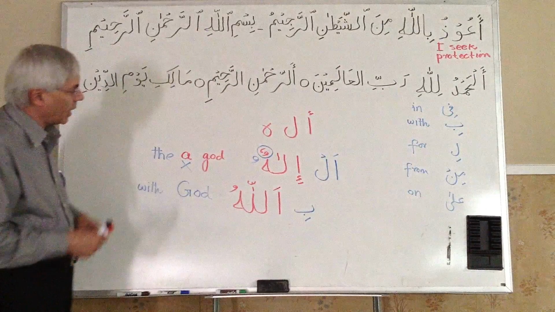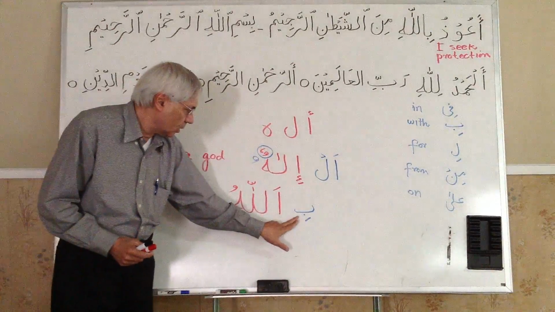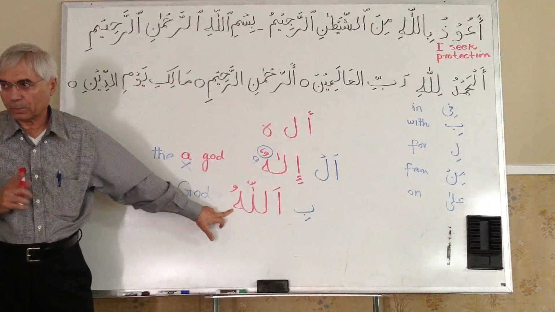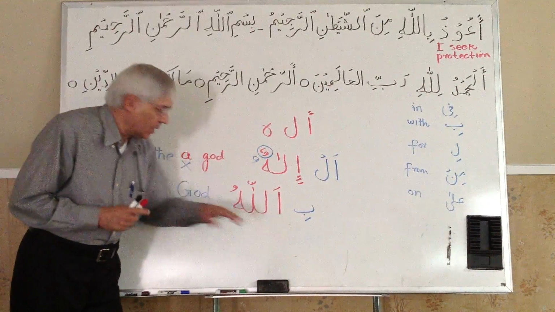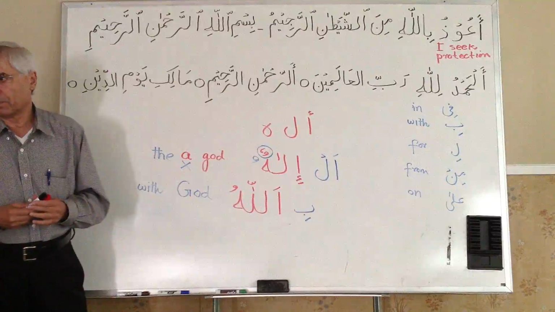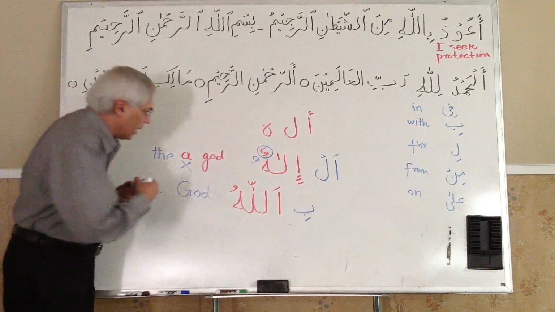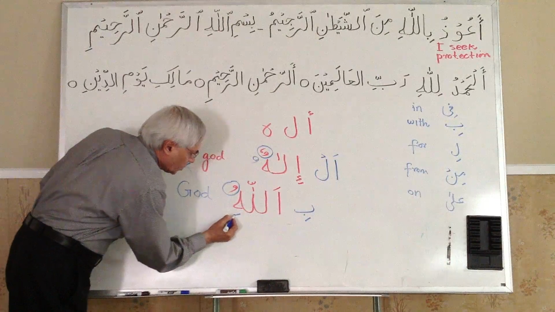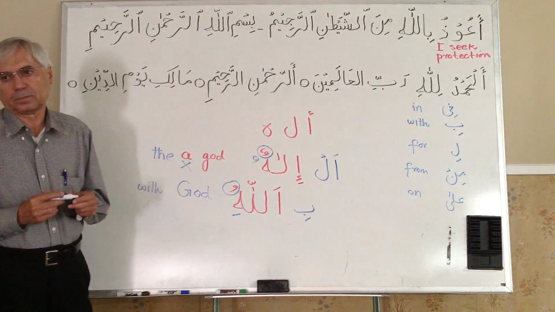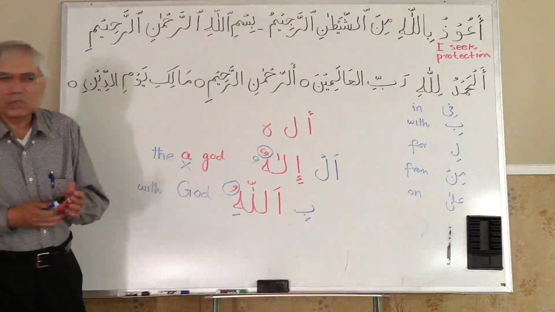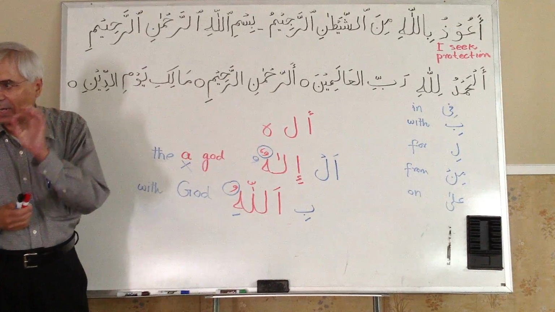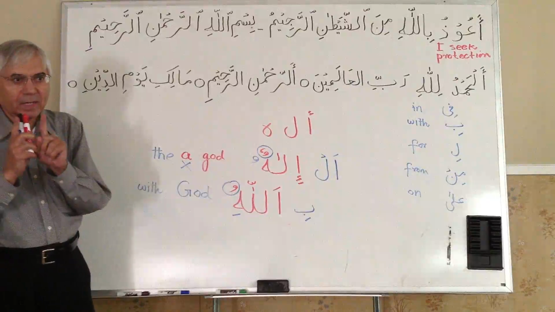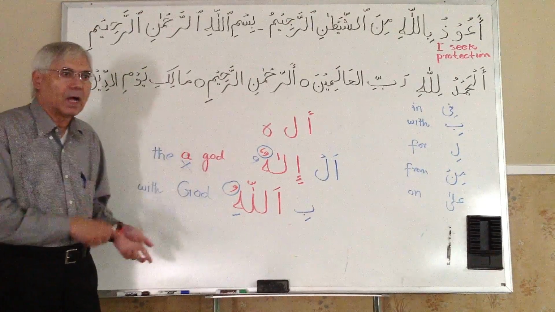Okay? So what happens when we put Bi, the word is actually Allahu. This Bi has an effect on this word. And what is the effect? It takes this last dhamma and changes it into a kasra. So the sound becomes Billahi. Separately it is Bi and Allahu.